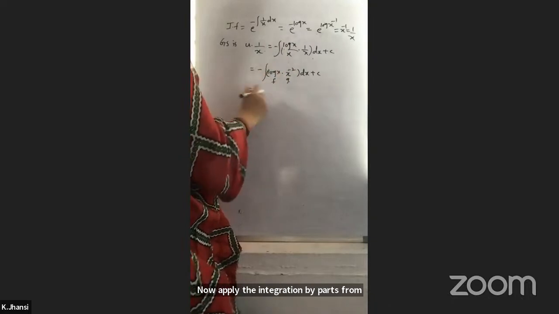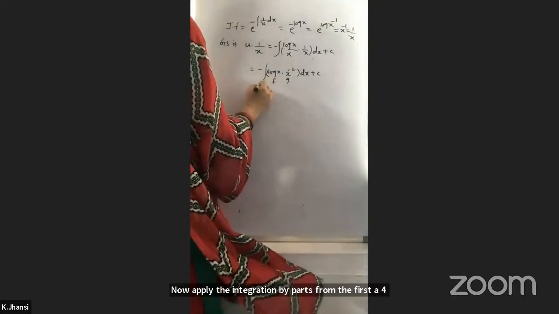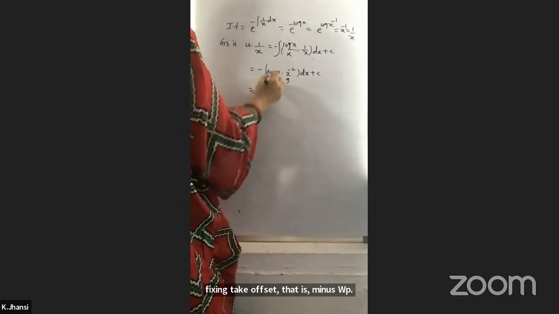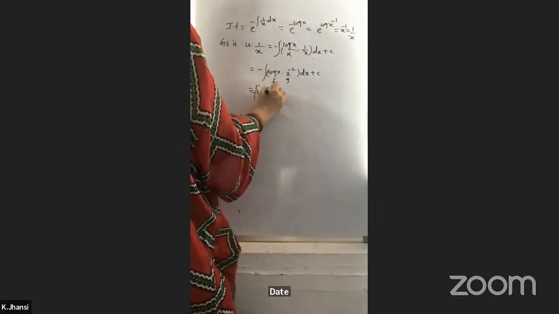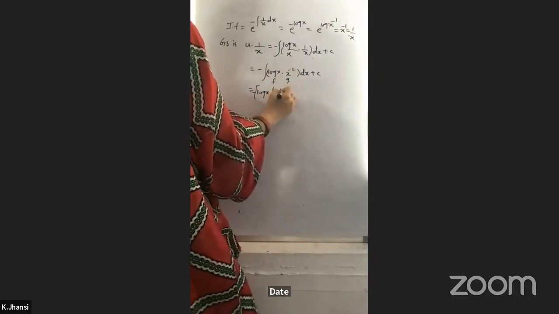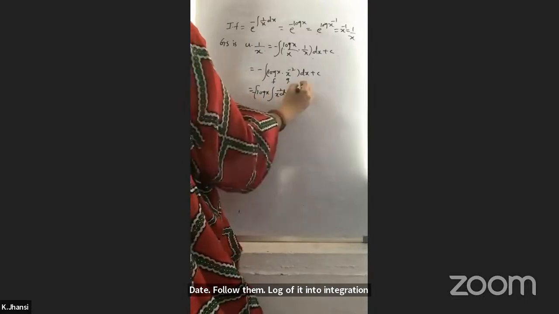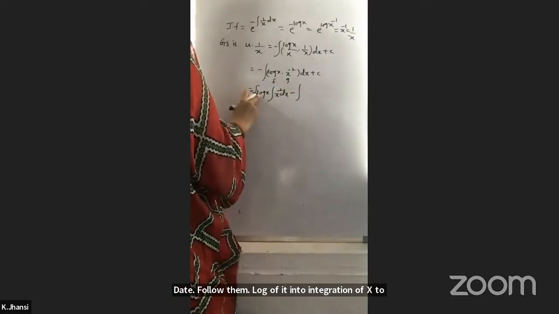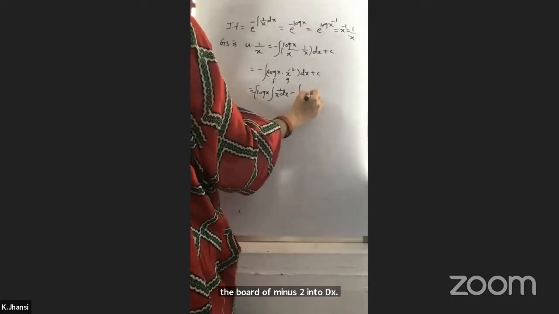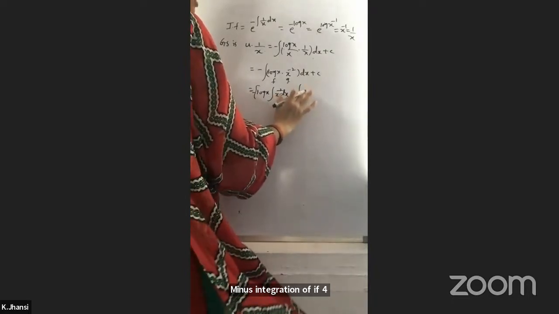First, f of x you take outside, that is the minus term you take common: log of x into integration of x to the power of minus 2 dx, minus integration of the differentiation of f of x, that is log x. Directly I am writing the differentiation here.